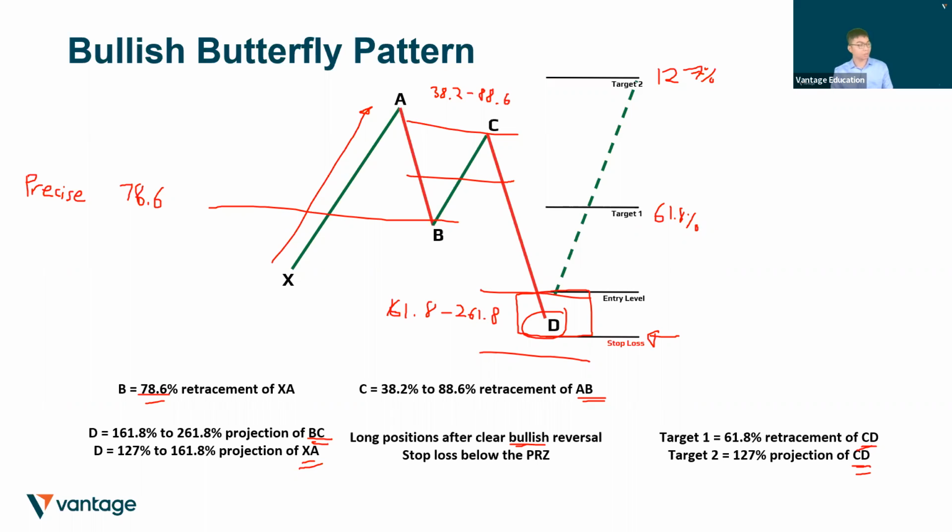So expansion is like minus 27.2%, and minus 68.8%. Something like that. So yeah, negative is expansion, positive is extension.